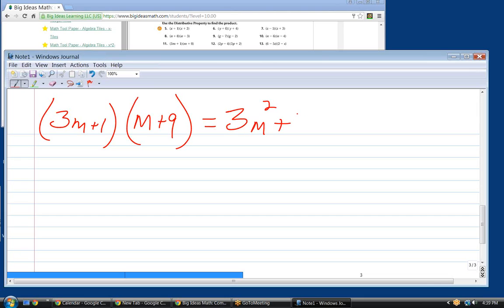Multiplying. Wouldn't that be 18m? 3 times 9? Oh, sorry, 27. Okay. And then m plus 9. All right.